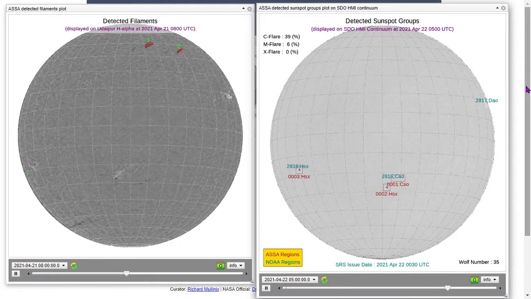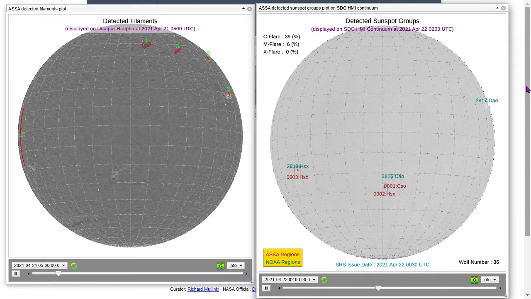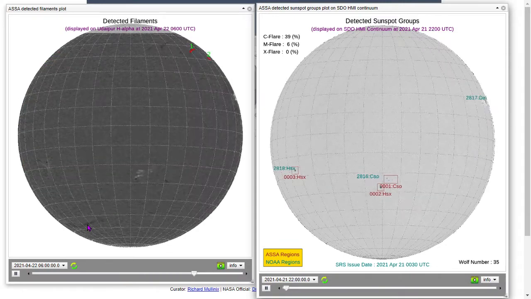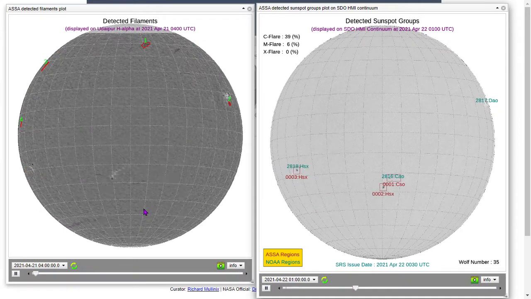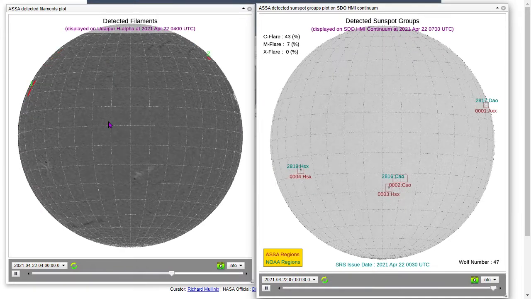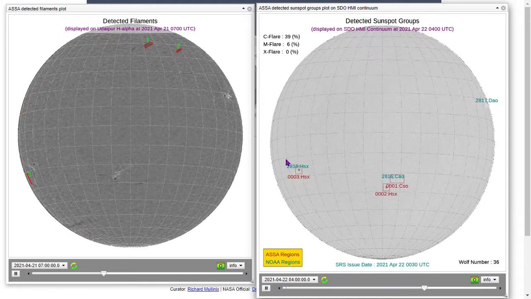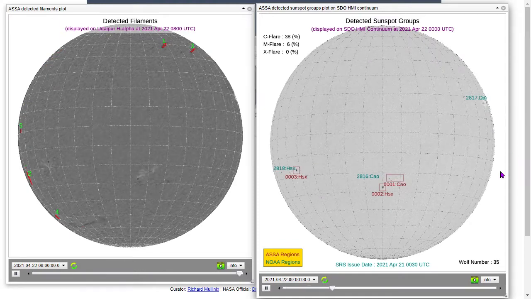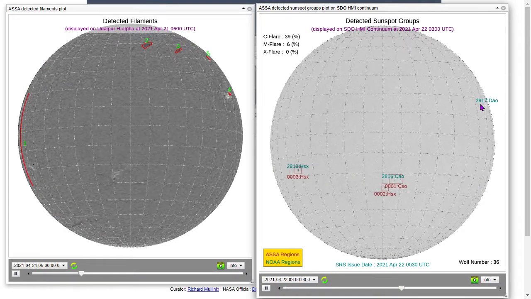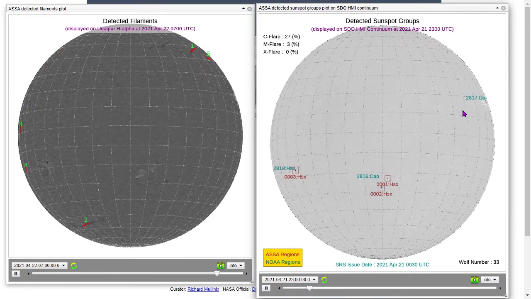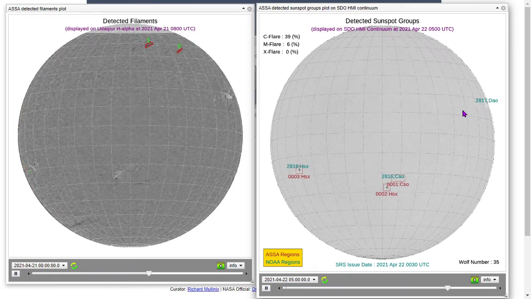Here are the filaments and the sunspot groups. Keep in mind this plot does not show all of the filaments. There are a whole bunch down here in the southern hemisphere, and there are some not showing up in the northern hemisphere, and there are a lot more filaments than it's showing is my point. Also sunspot groups. You can see 2817 is about to lose its name as it will set in the next 24 hours over the northwestern limb.